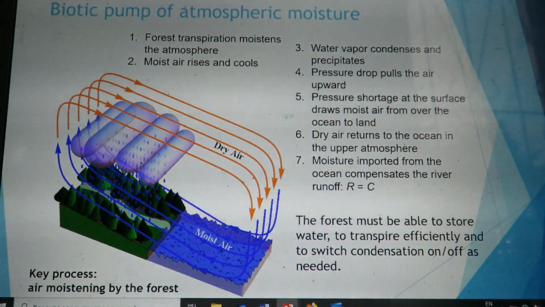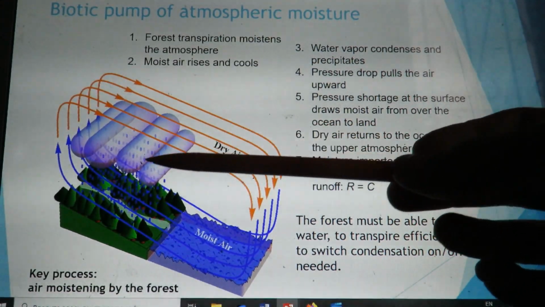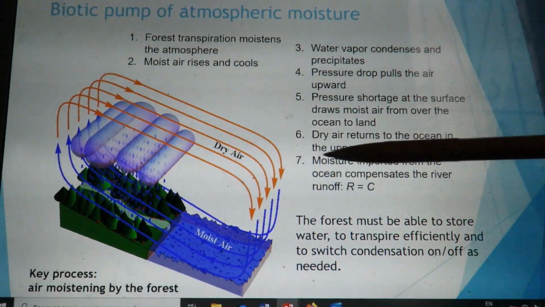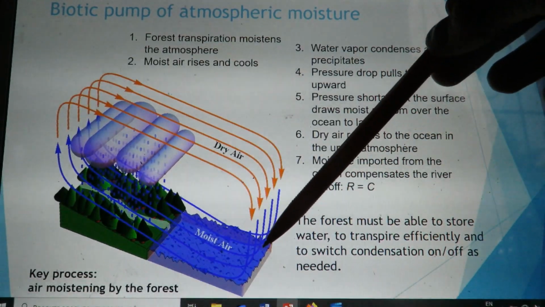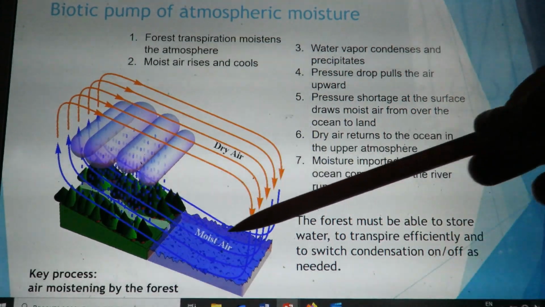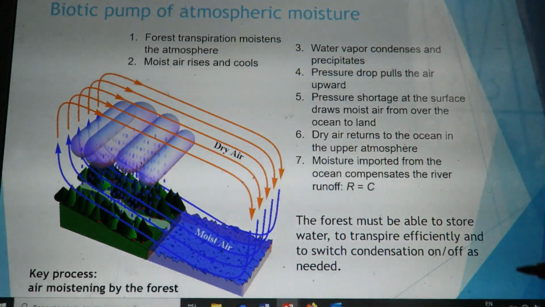And as condensation occurs and the water vapor turns to liquid, the pressure falls and there appears a relative pressure shortage where condensation occurs, which pulls the air upwards. And as a consequence, there arises a pressure shortage at the surface, which draws moist air from the adjacent ocean.